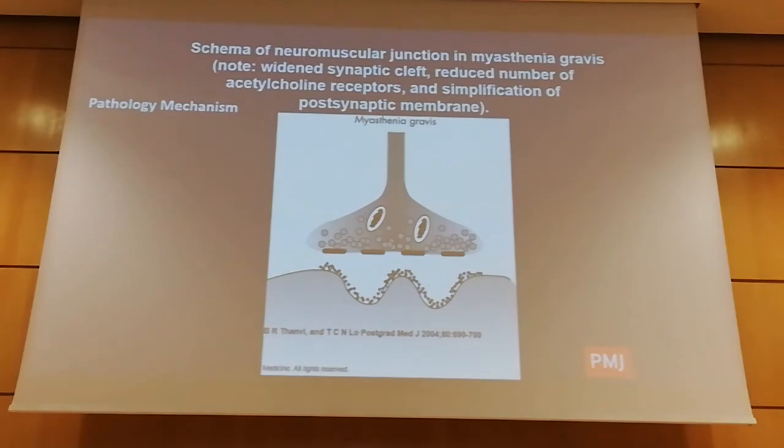So what happened as a result? This is a schematic drawing of a neuromuscular junction affected by myasthenia gravis. You can see that the number of acetylcholine receptors has decreased, correct? Yes, because of the antibody. Second, the primary synaptic cleft has increased in size, because we no longer have the high folds in the postsynaptic muscular component.